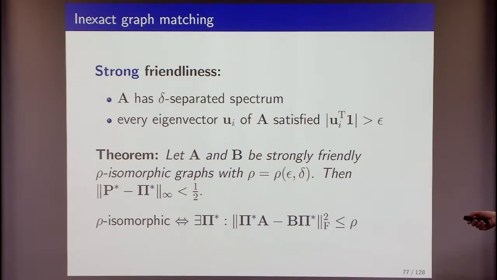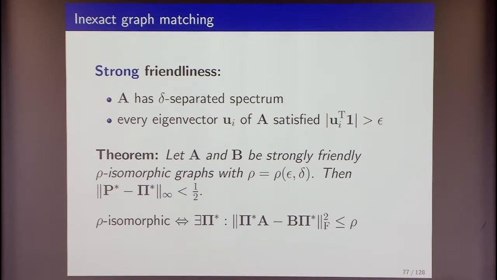And then basically I can show that for two graphs A and B that satisfy this stronger property, that they're approximately isomorphic with a constant rho. And by approximately isomorphic, I mean that there exists an isomorphism that has distortion smaller than rho.